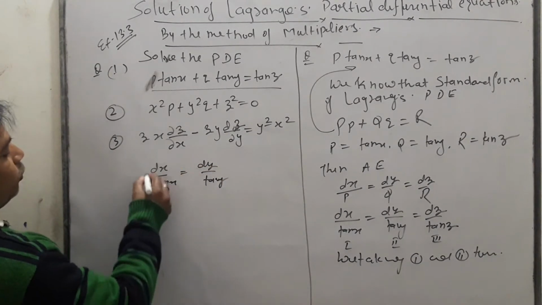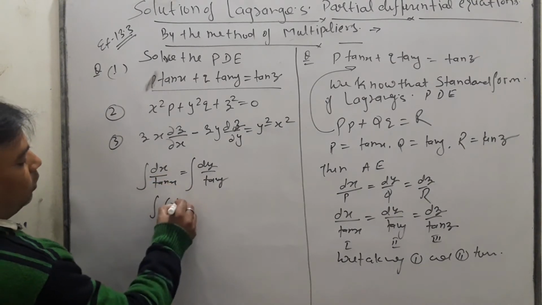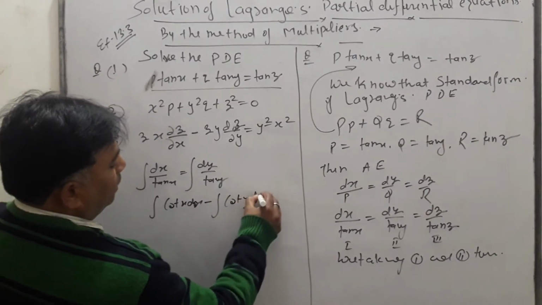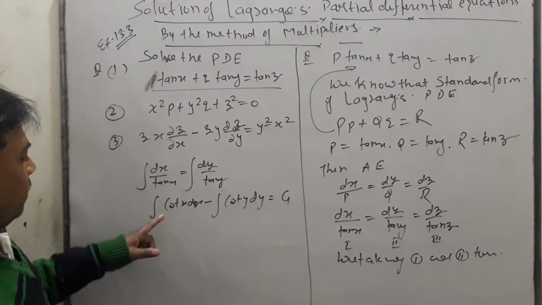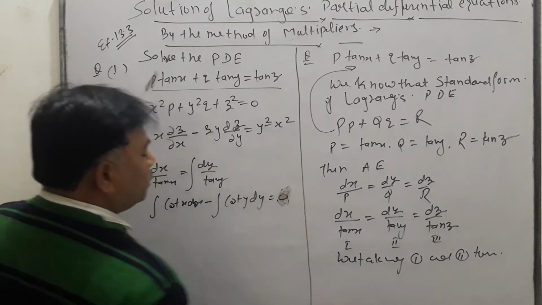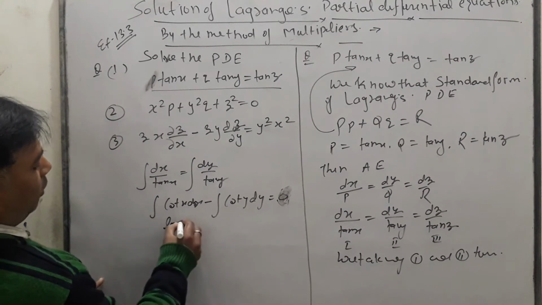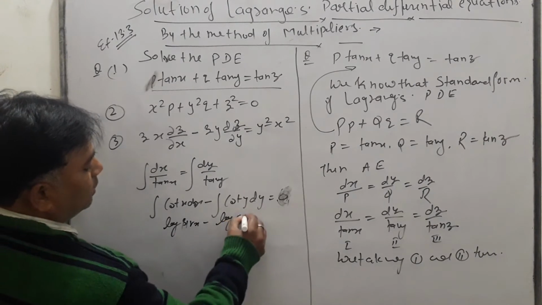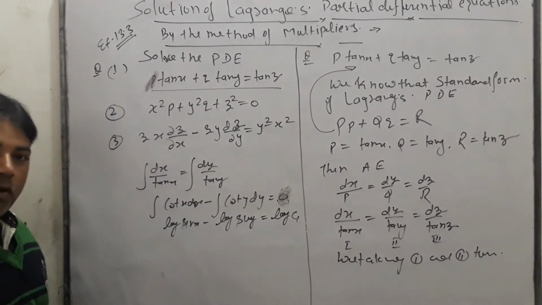On integrating both sides, the integration of 1 upon tan x, that is cot x dx, minus cot y dy equals c1. The integration of cot x is log of sin x, minus log of sin y, plus the constant c1 in log.